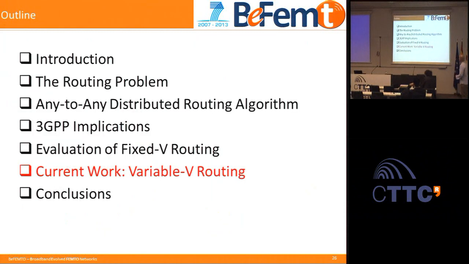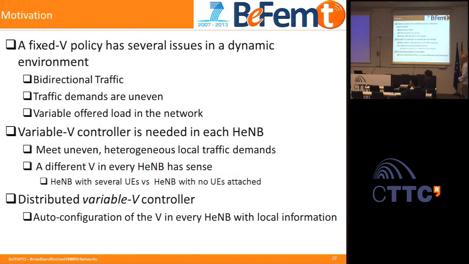In order to solve all these kinds of problems, we thought that it would be good to change this V parameter from a fixed constant to a variable V algorithm. And what was the purpose of all this?